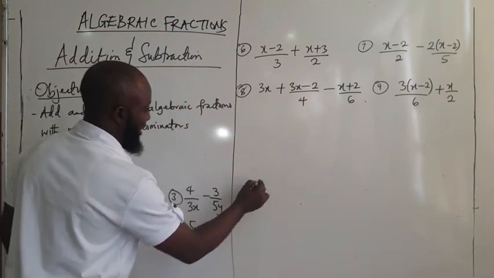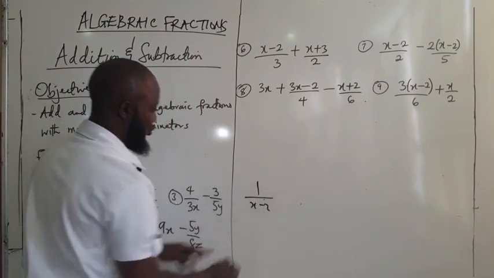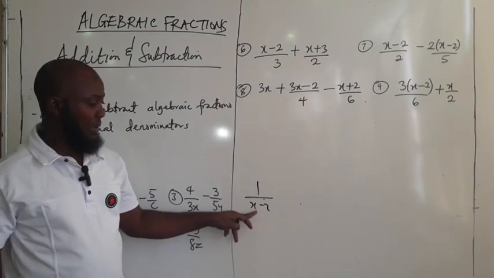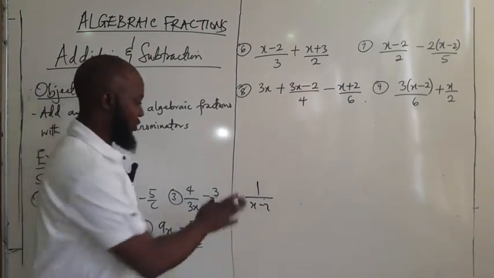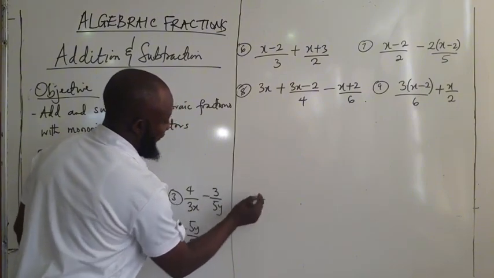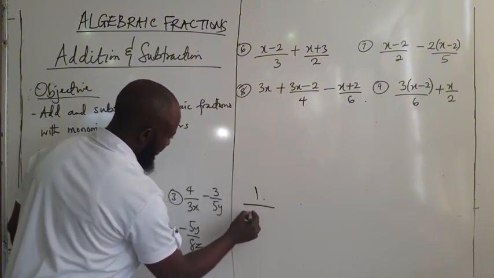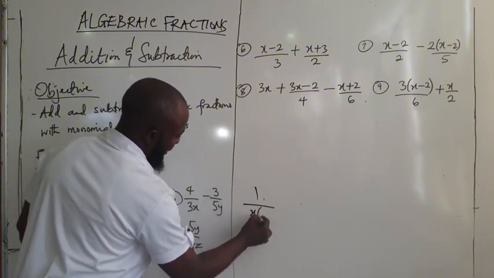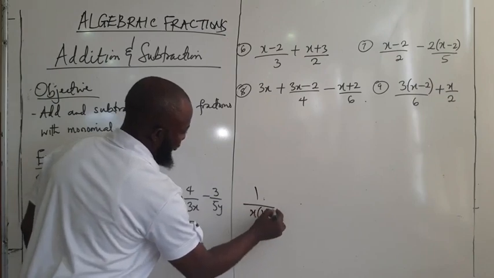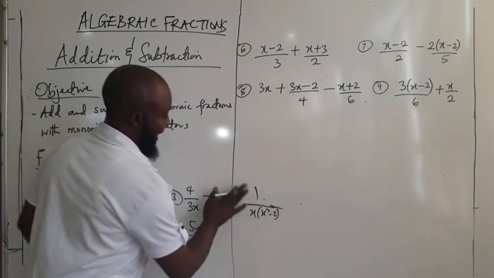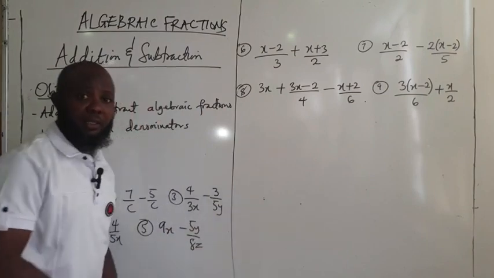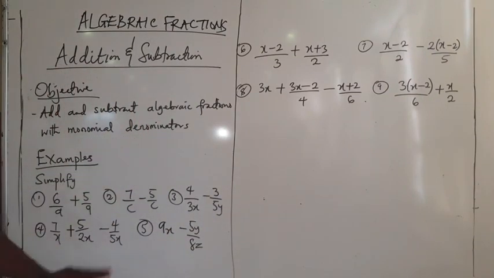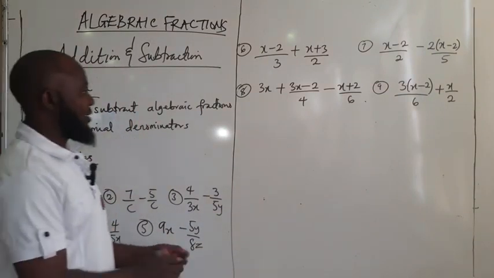The one that is not single is the one where you have x minus 2. This is not a single term, right? x minus 2 is not a single term, and so on and so forth. Or we have 1 into x squared minus 2, all these ones. So we are not looking at that, right? We are only looking at single terms. Is that clear? So that's what we want to achieve in this class.